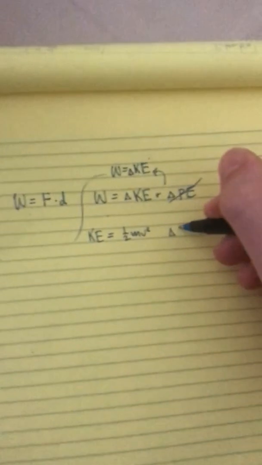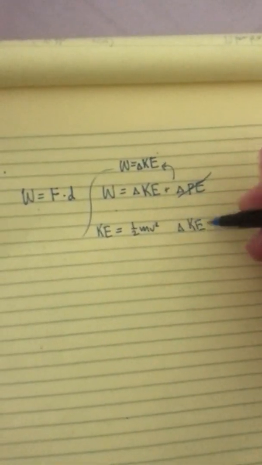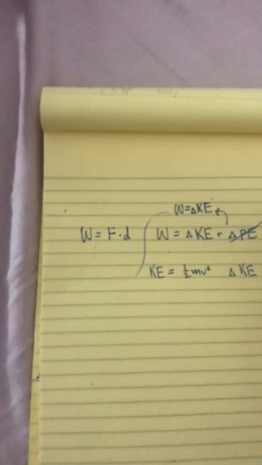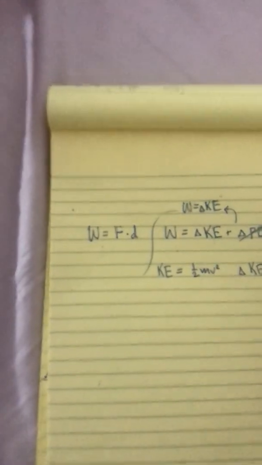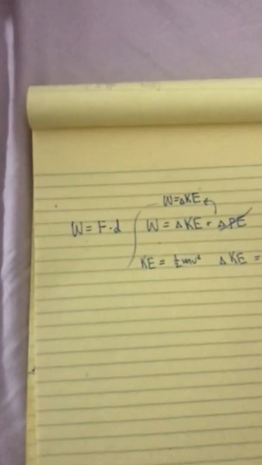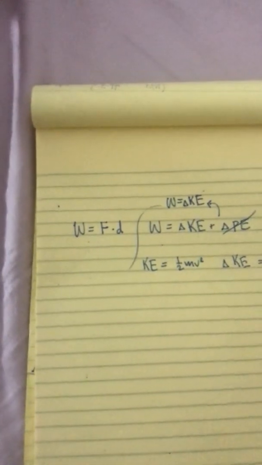And we should remember that for kinetic energy, we can show that kinetic energy equals 1/2 mv squared. So a change in kinetic energy, change in KE, will equal 1/2 m1 v1 squared minus 1/2 m2 v2 squared.